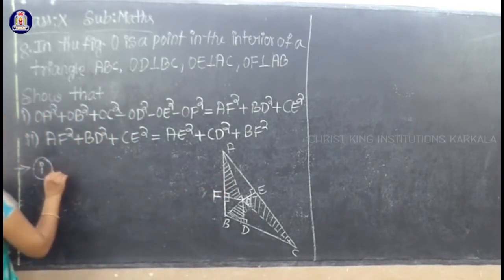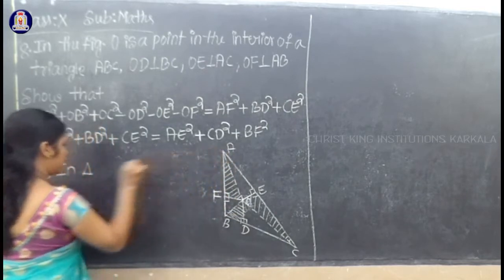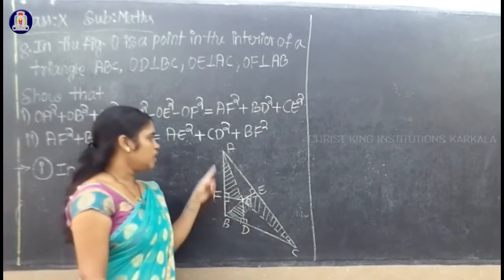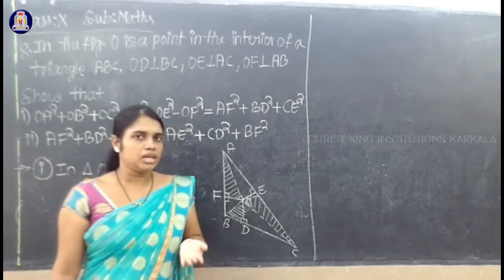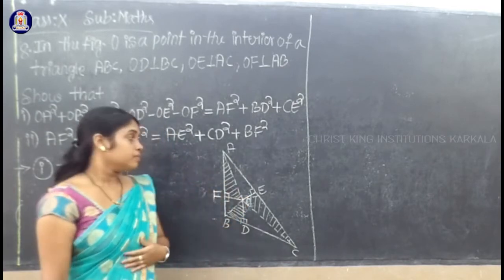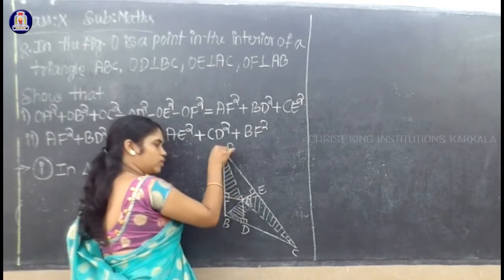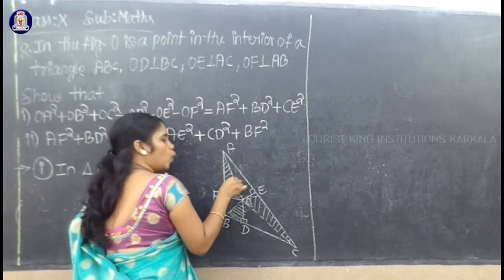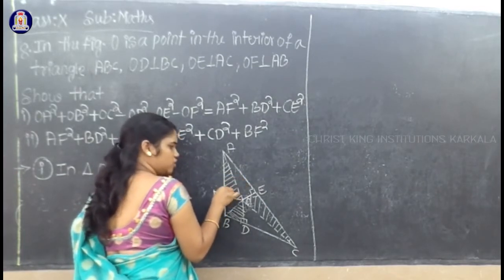So now I will consider the first right angled triangle, in triangle OFA. Since OFA is one of the right angled triangles, can I apply the Pythagoras theorem here? According to the Pythagoras theorem, the square on the hypotenuse. In triangle OFA, what is your hypotenuse side? Hypotenuse means the side opposite to the 90 degrees. At point F you have 90 degrees, so which side is opposite here?